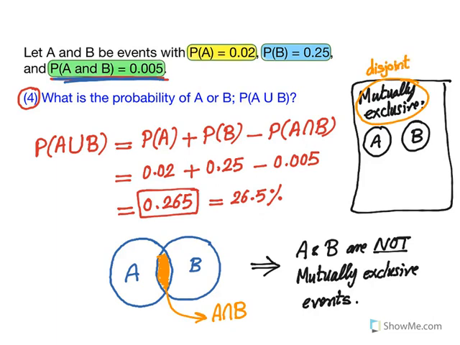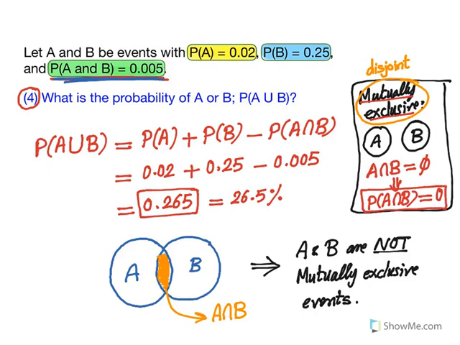And in this case, no intersection. So A intersection B is nothing. It's the empty set. And this means that the probability of A and B must be zero in this case. So mutually exclusive implies that the probability of A and B must be zero.